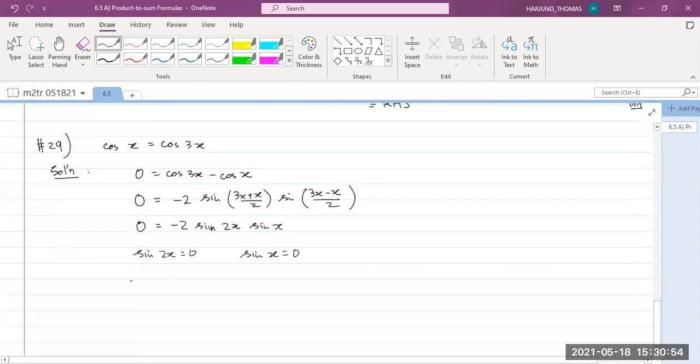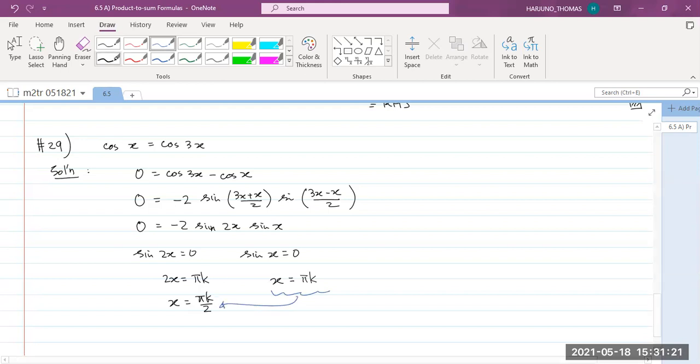Then from there we see if sine 2x equals 0, then 2x will be pi k, right? So x is pi k over 2. Sine x equals 0 means x equals pi k. Now this solution here is part of that one. Think about it.